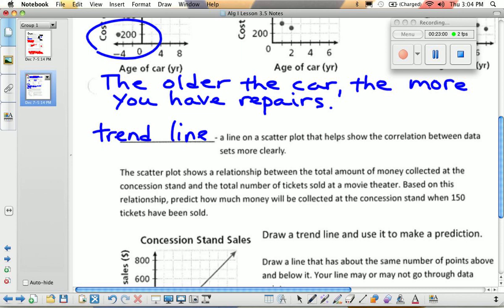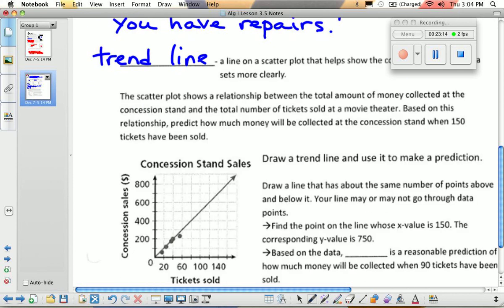It should kind of look like a magnet, pulling them towards it. But if that line's just going through and they're all over the place, that trend line is worthless because that means it probably didn't even have any correlation, so a trend line isn't even needed.